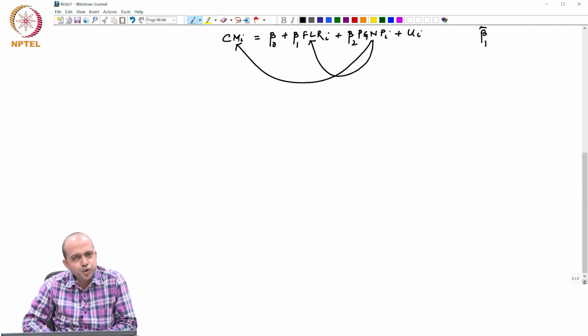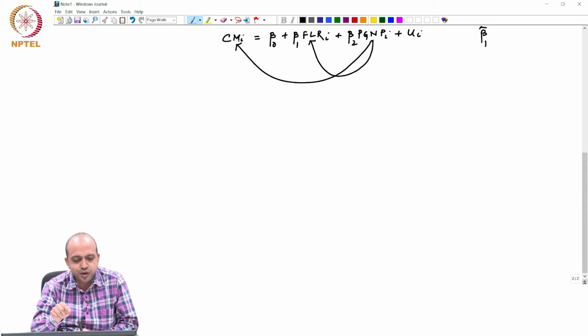So, if we want to get the net impact of FLR on CM, then what logically should we do? Logically, if we think, then we can understand we have to remove the impact of PGNP from both CM as well as FLR, which is quite simple to understand.